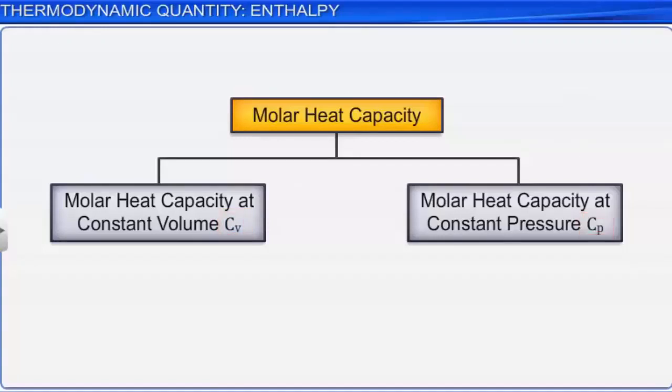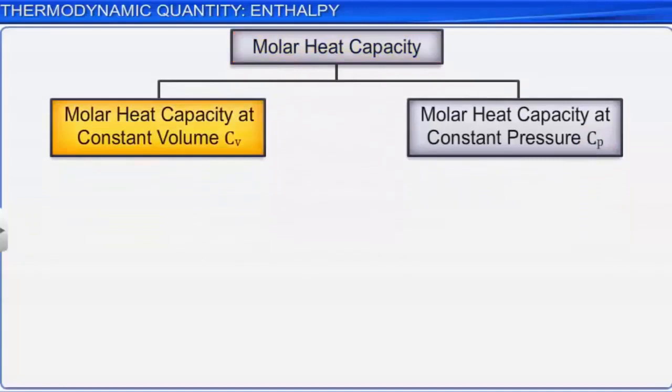We learned that the equation for heat, Q, is the product of heat capacity and change in temperature, delta T. Therefore, at constant volume, heat, Qv, equals product of heat capacity at constant volume, Cv, and change in temperature, delta T. But the heat absorbed at constant volume is equal to change in internal energy.